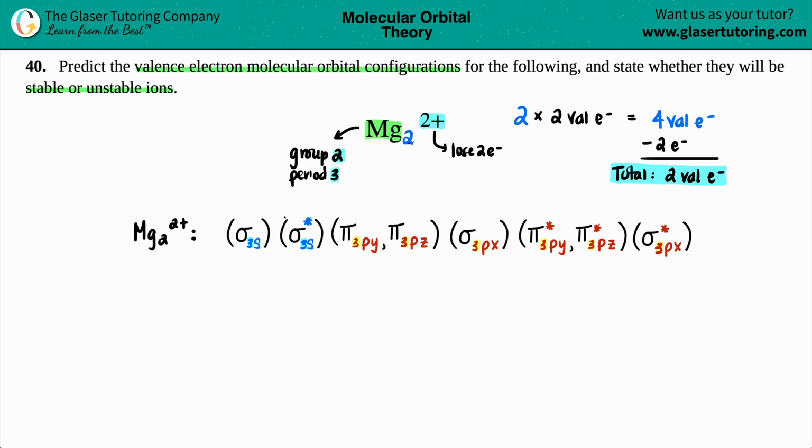Now just know that for every bonding orbital, keep in mind that these are your sigma bonds, and these are your pi bonds. For every bonding orbital, there's an antibonding one. You see how these are basically identical to each other, but one has a star and one doesn't. The star is always the antibonding. For every bond that you make, you will always have an antibonding equivalent.